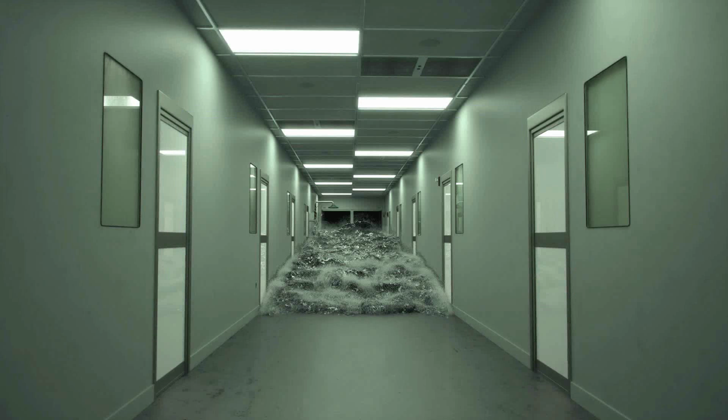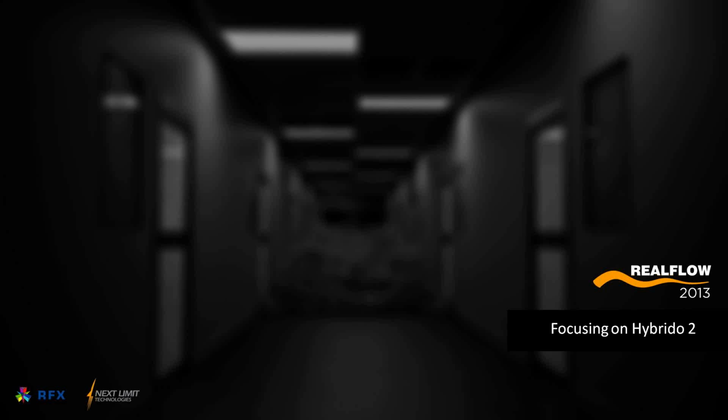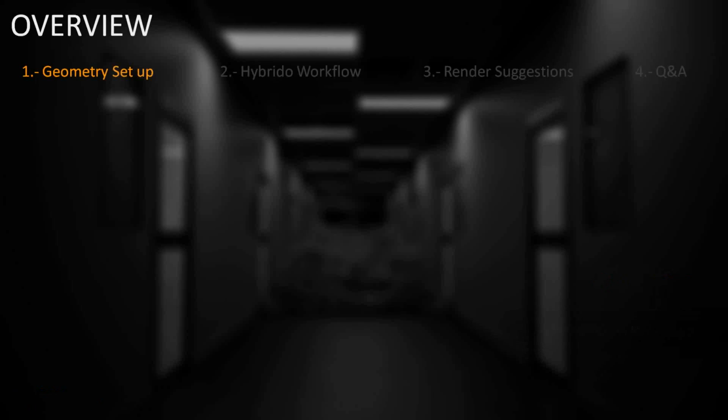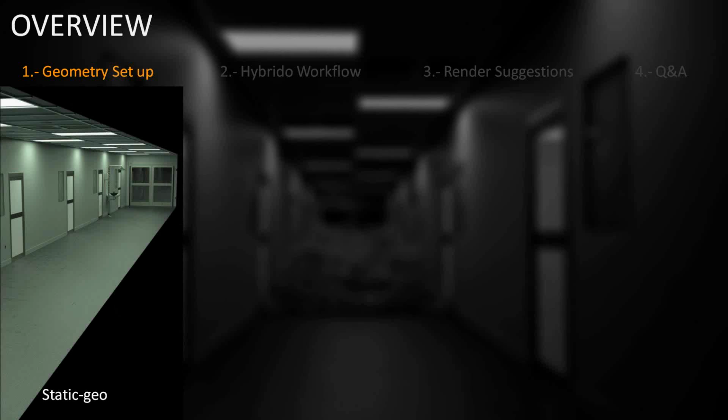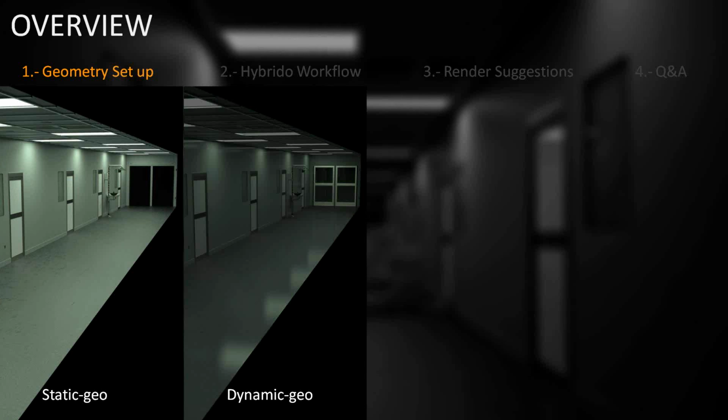Okay, so let me start with a very quick overview of this session. First of all, we're going to work outside RealFlow. We're going to start directly by taking a look at the geometry that we have in our scene, and we're going to distinguish between the static geometry and the dynamic geometry, which are obviously opposites.